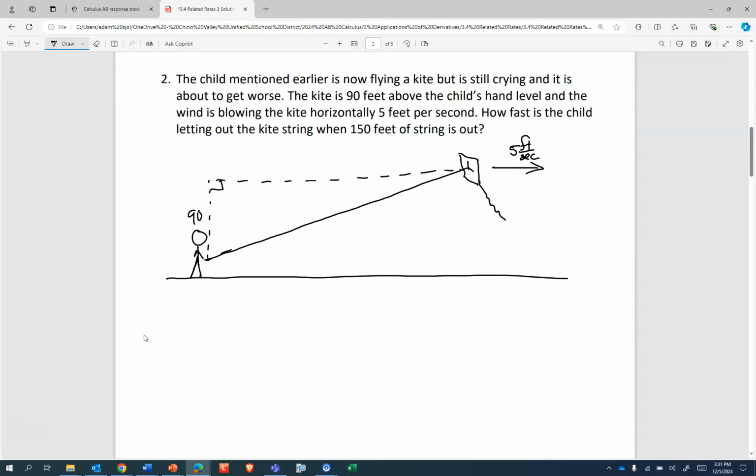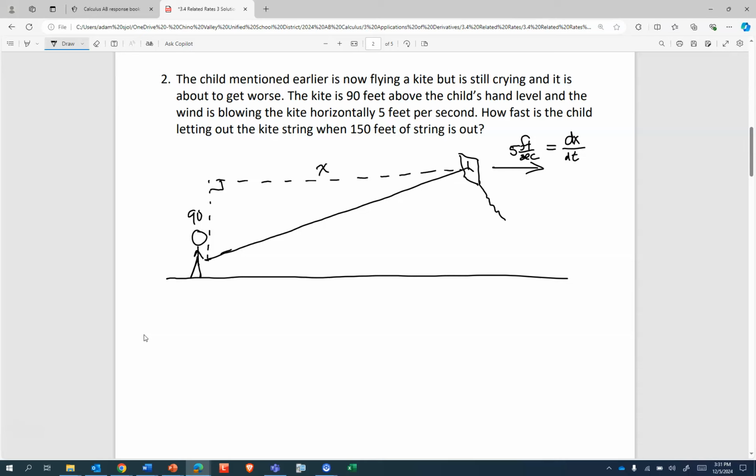So that's one leg of a right triangle. So I guess this horizontal distance is changing. I'll call that x, which means this 5 is dx dt. And that's going to be positive because that length I've labeled x is growing.